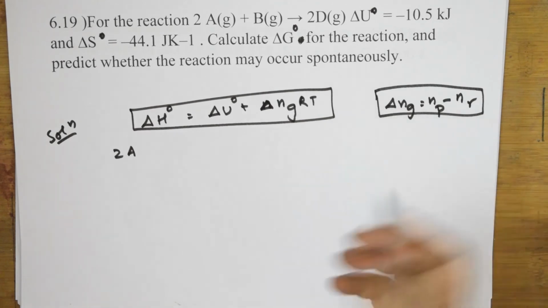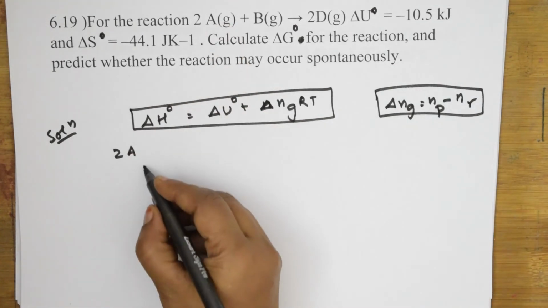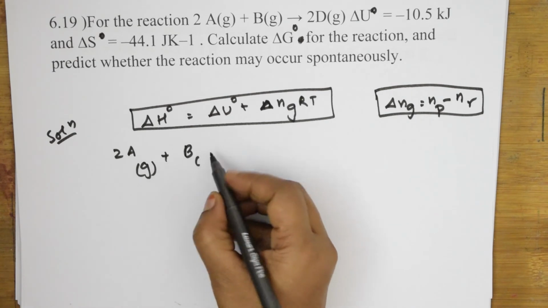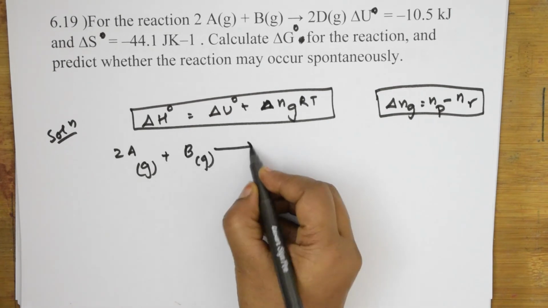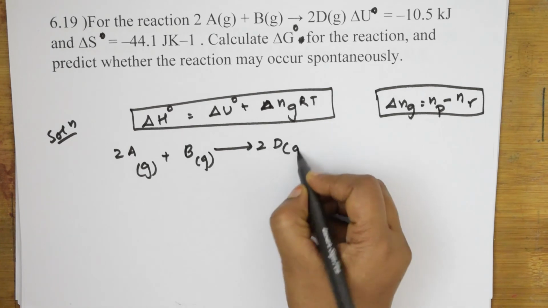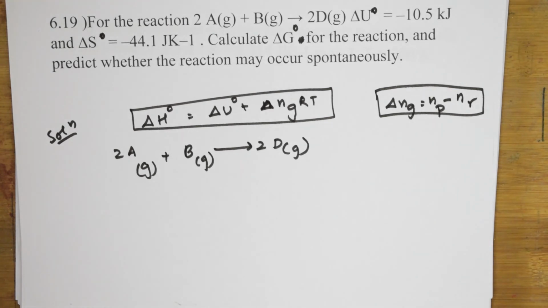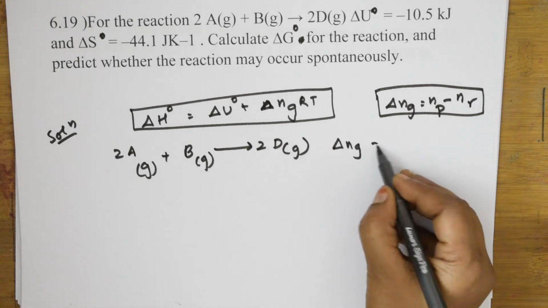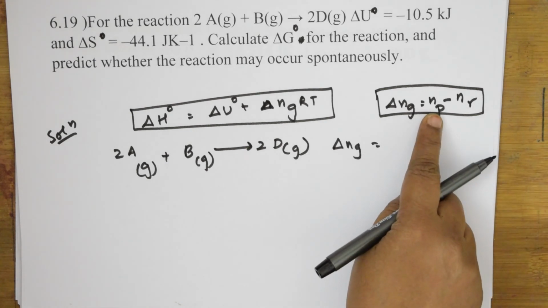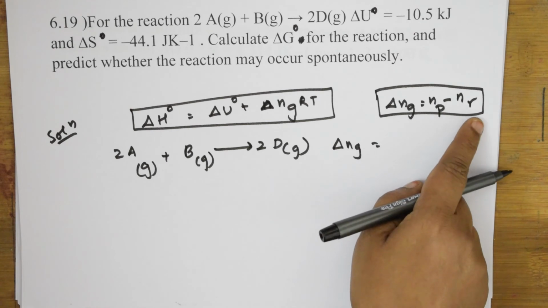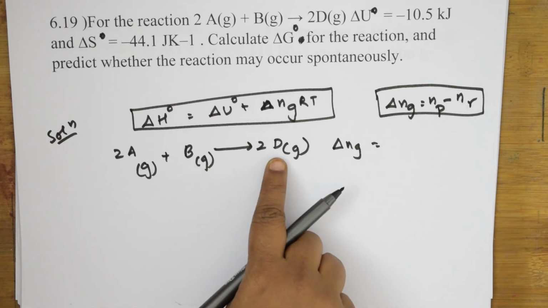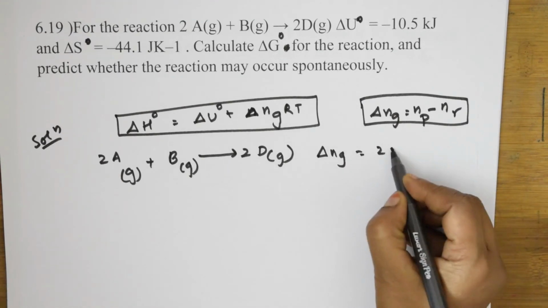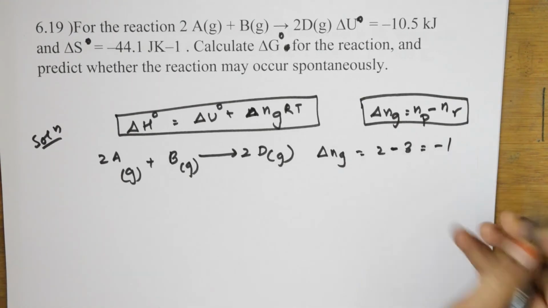I've already discussed this; I've repeated it here. Now copy the reaction: 2A plus B gives me 2D, all gaseous. Now let us calculate delta Ng. Number of moles of the products minus number of moles of the reactants. It is 2 minus 3, because 2 plus 1 is 3, so it is minus 1.